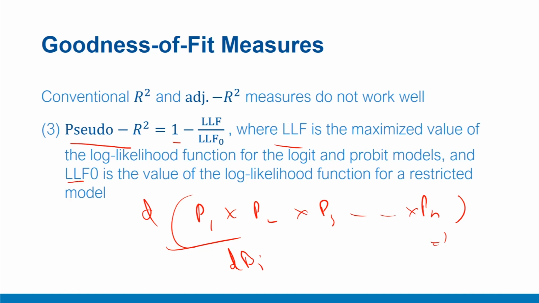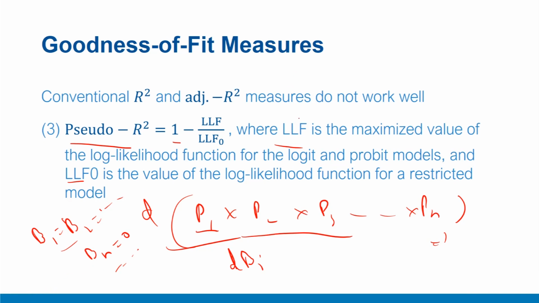And LLF naught is considered to be the restricted model, where it is assumed that all parameters are zero. That means beta 2 to beta k, jointly all these parameters are 0. So the restricted function calculates this joint probability for a model where all the parameters are assumed to be 0. So that is your restricted model.